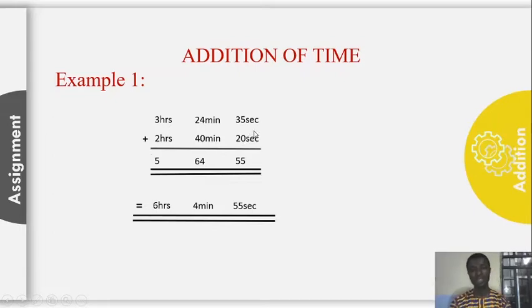In our previous classes of addition, now 5 plus 0, what does it give you? 5 plus 0 equals 5. Can you see the 5 here? Good. 3 plus 2 equals 5. Can you see the 5 here? So 35 seconds plus 20 seconds gives you what? 55 seconds.